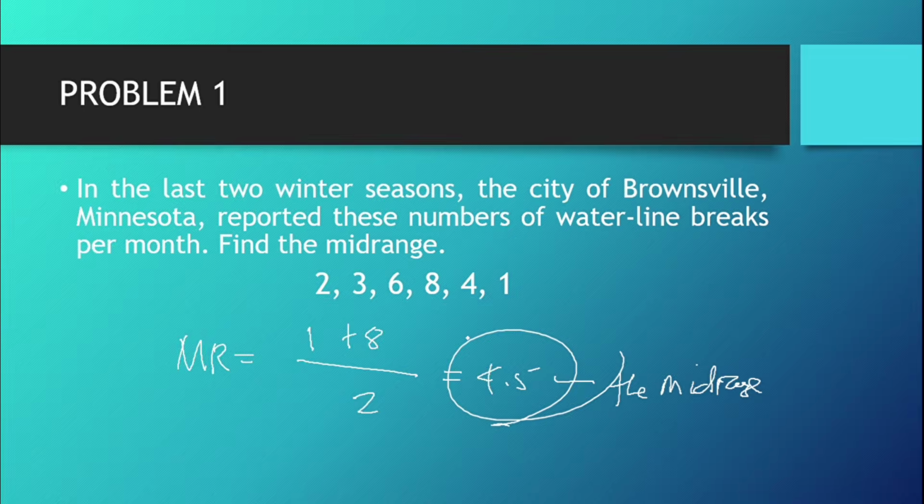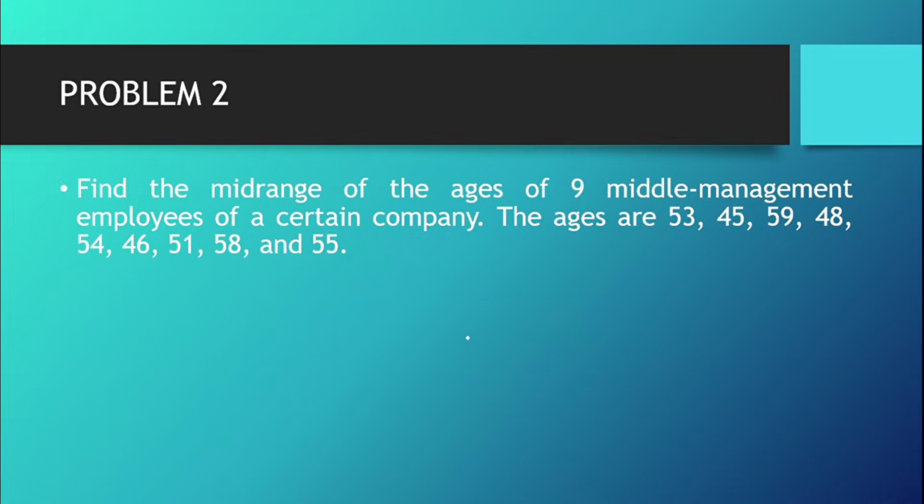In problem number 2, find the mid-range of the ages of 9 middle management employees of a certain company. The ages are 53, 45, 59, 48, 54, 46, 51, 58, and 55. First we're going to find the MR, which is the lowest plus the highest divided by 2.